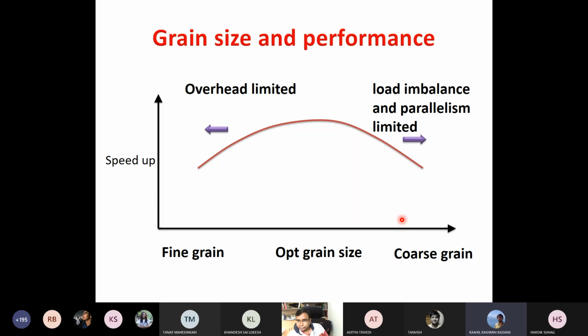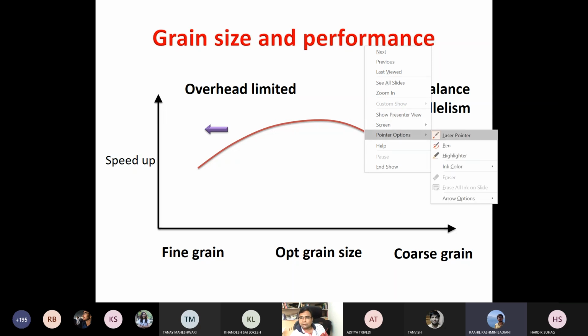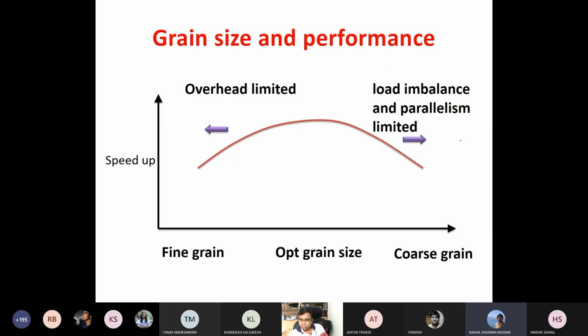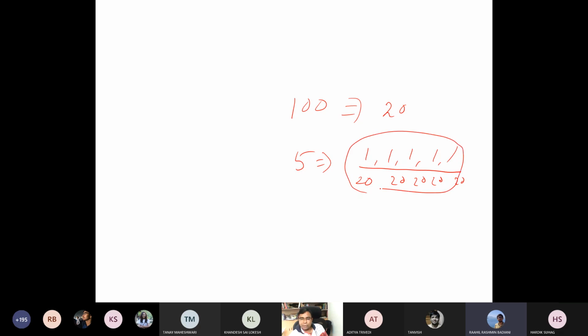If you have 5 people, then each gets one chunk, and everyone will finish in an equal amount of time, because everyone gets 20 work.